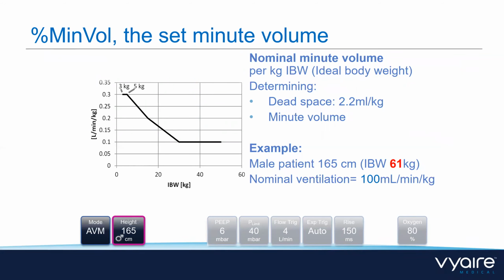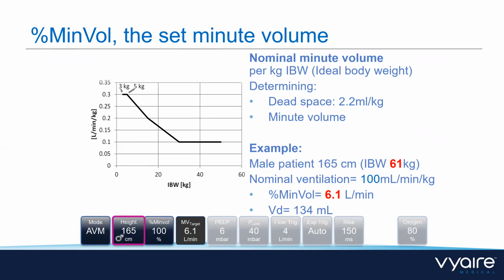If you go with a patient who has 70 kilos ideal body weight, it would be 7 liters per minute. If there is a patient with 53 kilograms ideal body weight, it would be 5.3 liters. And it's also determining the dead space, which is in this case 134 ml. And I will come to that in a few slides.